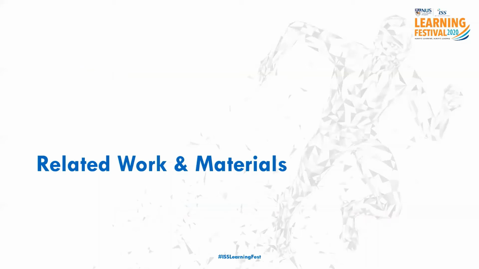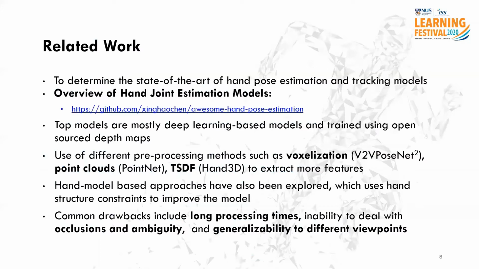Now I'll also briefly go through some of the existing work and materials that have been proposed for this challenge. So the purpose of this review is to actually determine the state of the art of such hand pose estimation models and to explore possible pre-processing steps and methods for our use case.